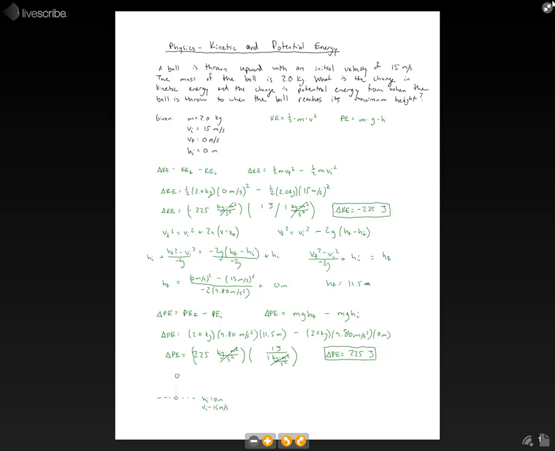The ball has kinetic energy, but we've defined it to have no potential energy. And when the ball is at its maximum height up here, because the final velocity is 0 meters per second, it has no kinetic energy, but its height is 11.5 meters. It has only potential energy.